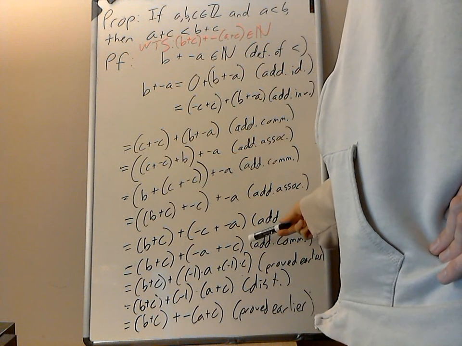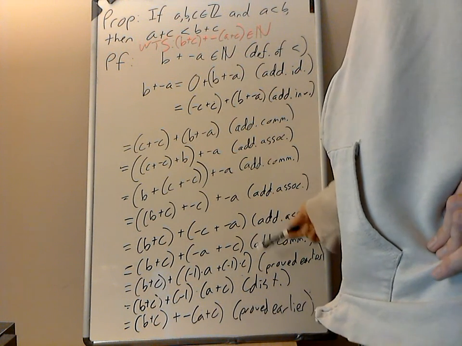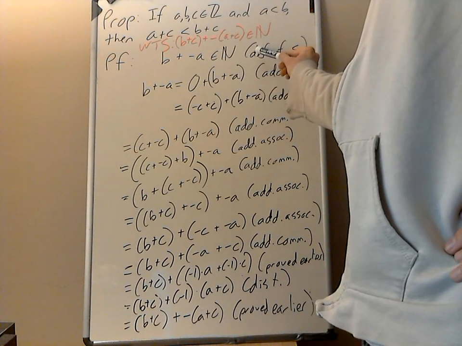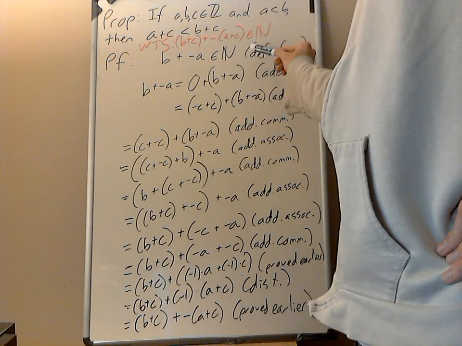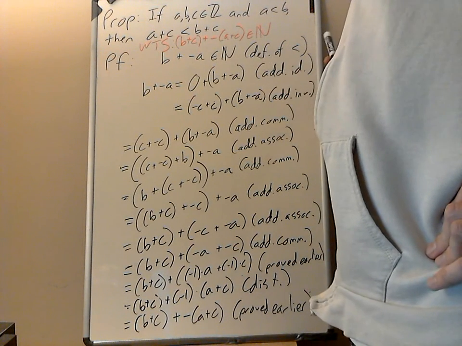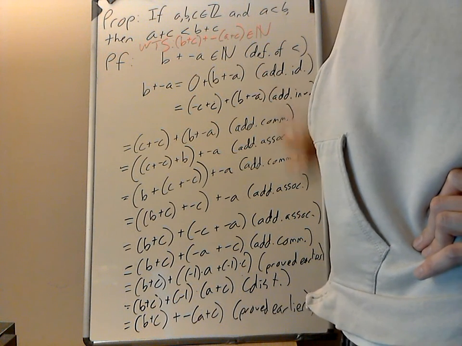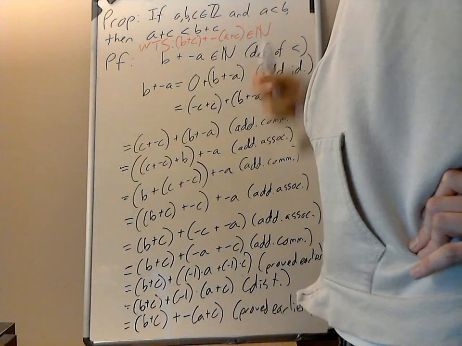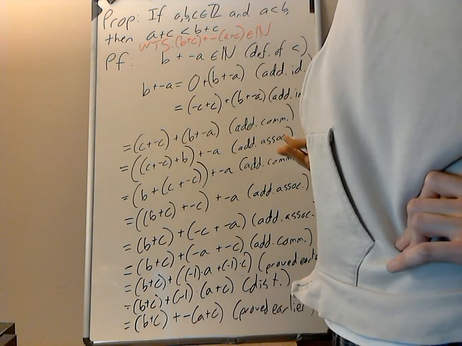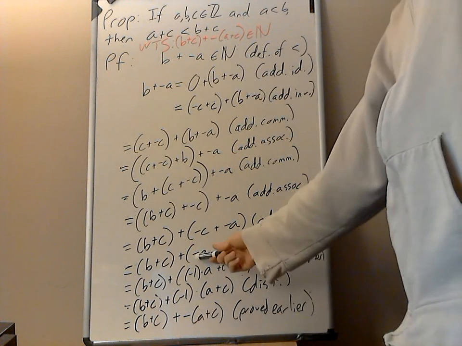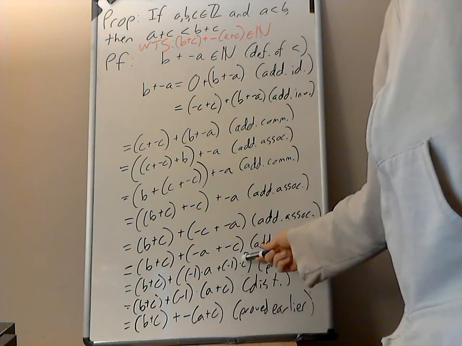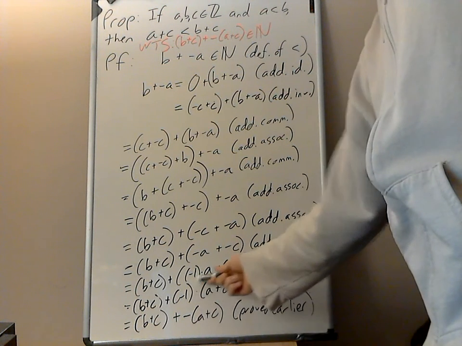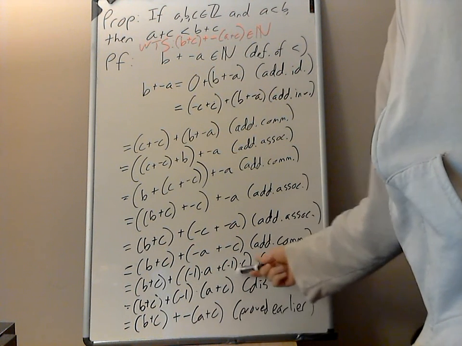And all we have left to do is show that negative a plus negative c is equal to negative a plus c. And the easiest way to do that from our standpoint is to use the property that we proved earlier, that negative 1 times x is equal to negative x. So we'll do that twice here. Negative a plus negative c is equal to negative 1 times a plus negative 1 times c.